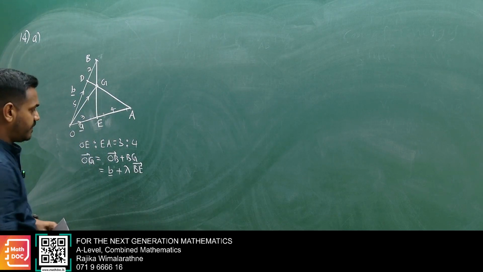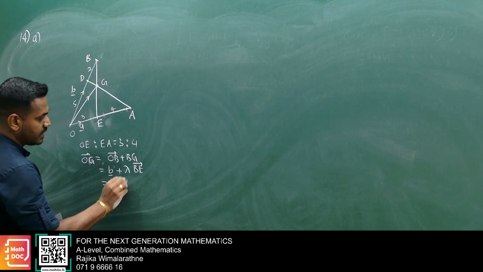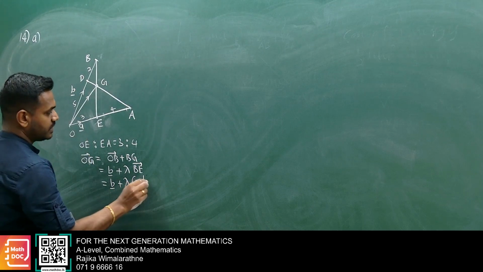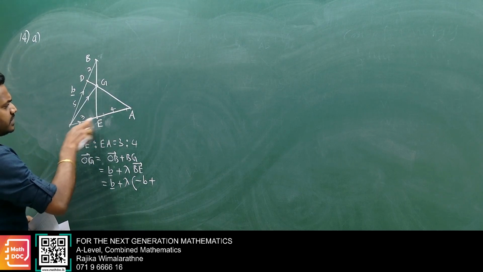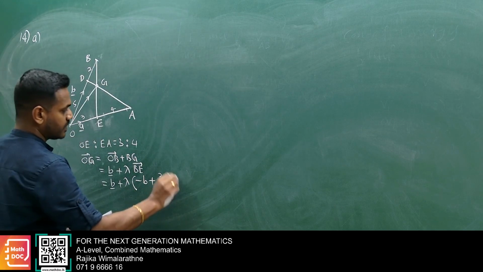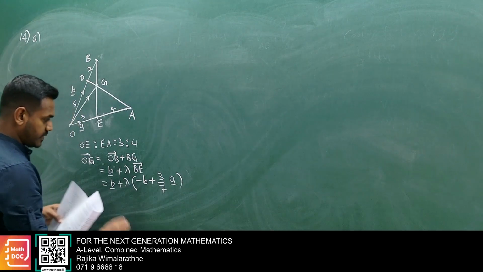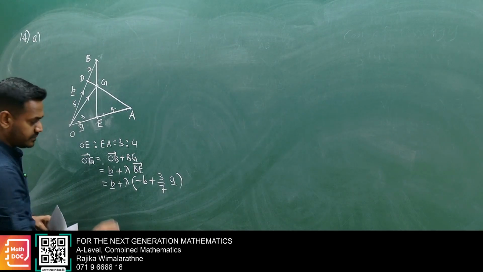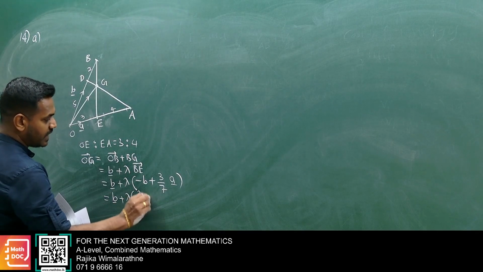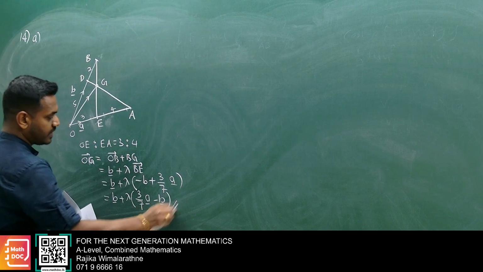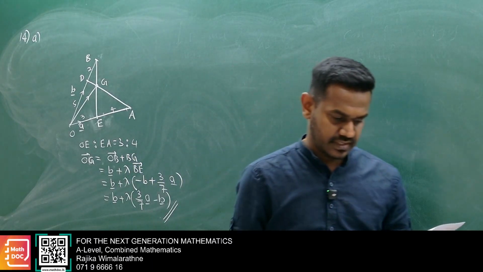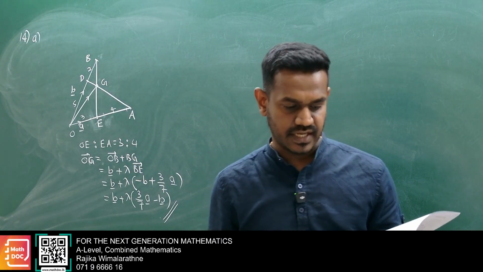Then BE equals minus B plus 3 over 7 vector A. Now you can get the answer: OG equals B plus lambda times (3 over 7 A minus B). Here the relation. Lambda is a constant, not given directly, but you have to select that.